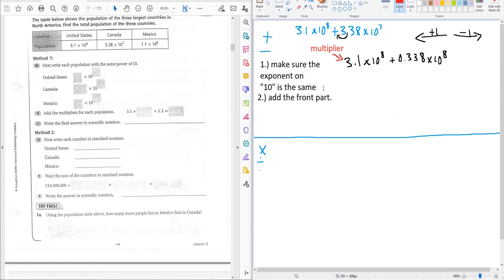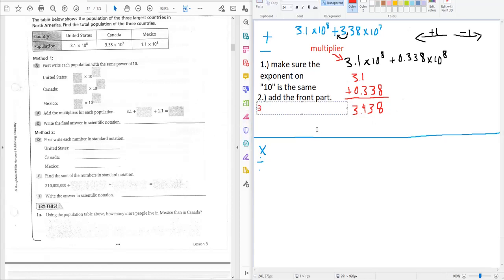You're going to add the front part, also known as the multiplier. So we have 3.1 plus 0.338. Together you get 3.438.